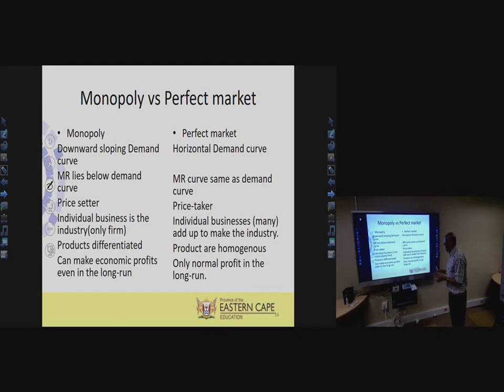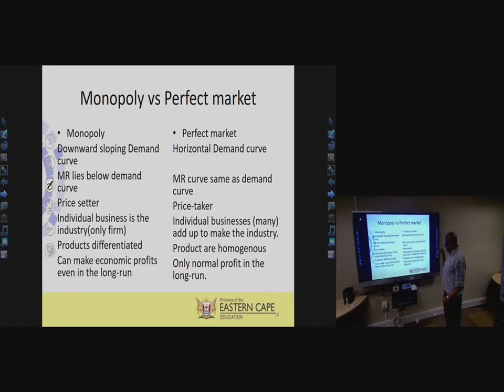Then it was explained in the perfect market in this way. You remember that when firms are making economic profits, that will attract other firms to get into the market. As more firms get into the market, the quantity of the product will increase.